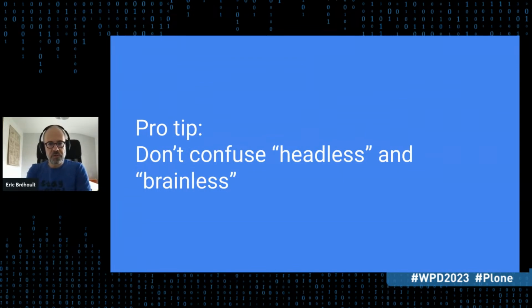Your content editors need an actual UI, and this UI needs to make sense. The real meaning of headless CMS, the way that Plone or Drupal sees it, is that we decouple front end and back end. It does not mean that we just have a backend, because if you just have a backend, you do nothing, right?